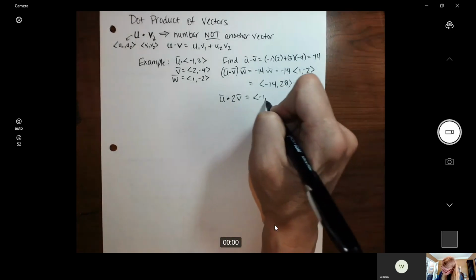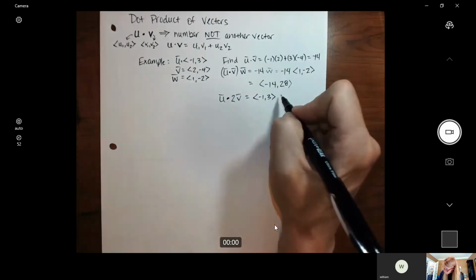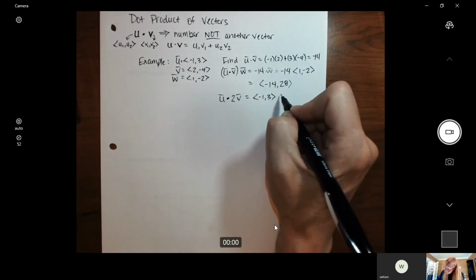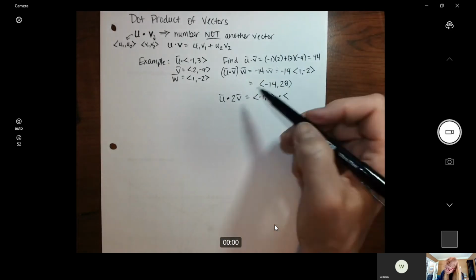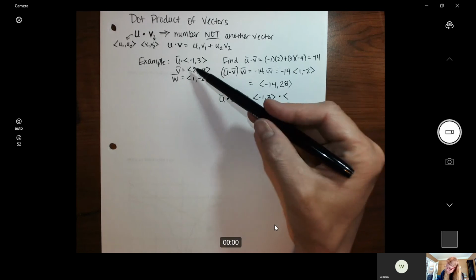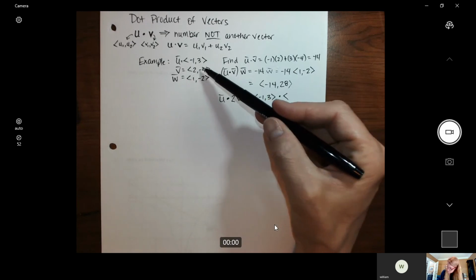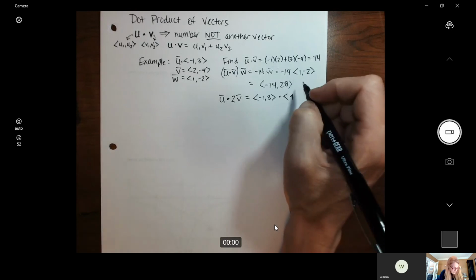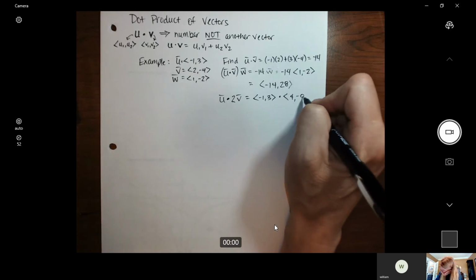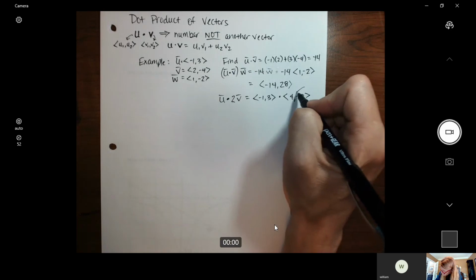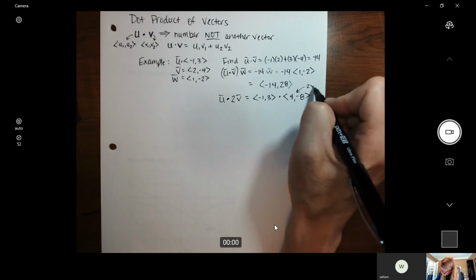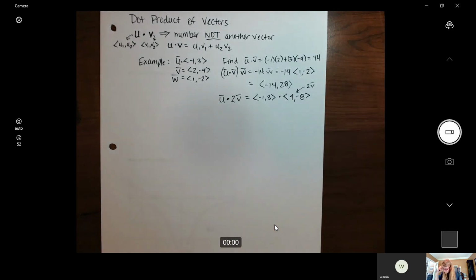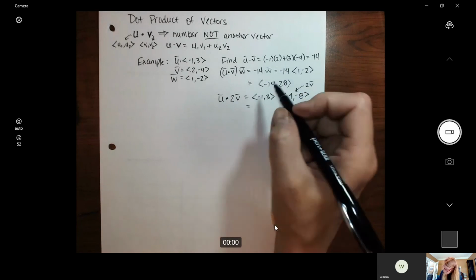So this would be -1, 3 for u, and then dot product with twice v. Well, v is 2 and -4, so I've got to multiply each of those by 2. So that would be 4, -8. So this right here is 2v. Now I can find what the dot product is here.